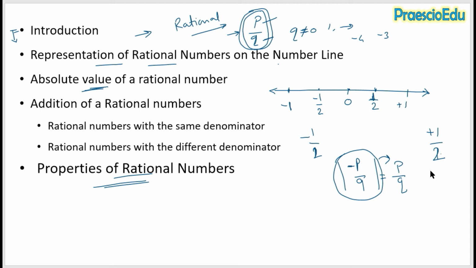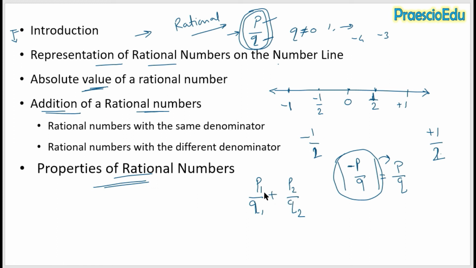Okay, so let's move to addition of rational numbers. Suppose p by q format. I will denote it as p1 by q1 plus p2 by q2. I'm not taking any example here, just for concept clarity.